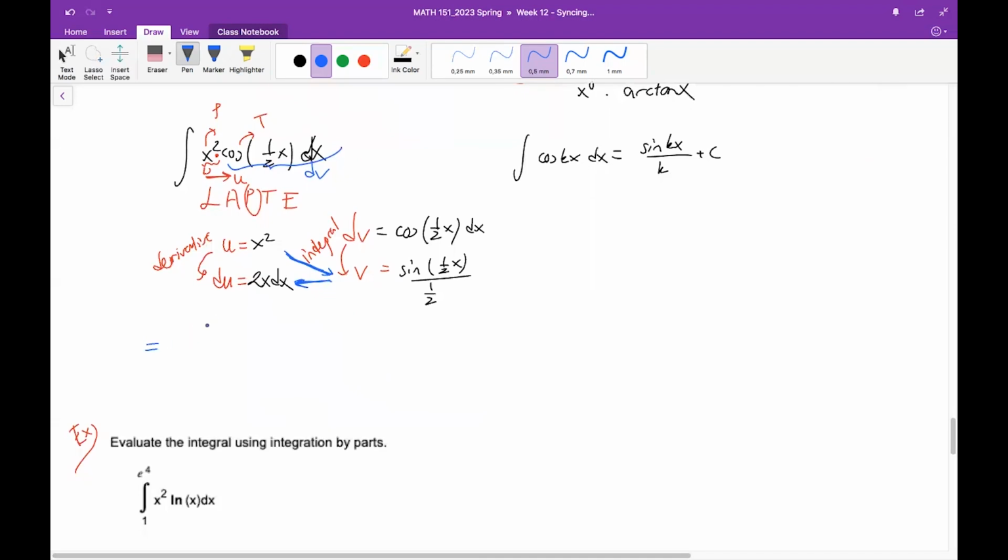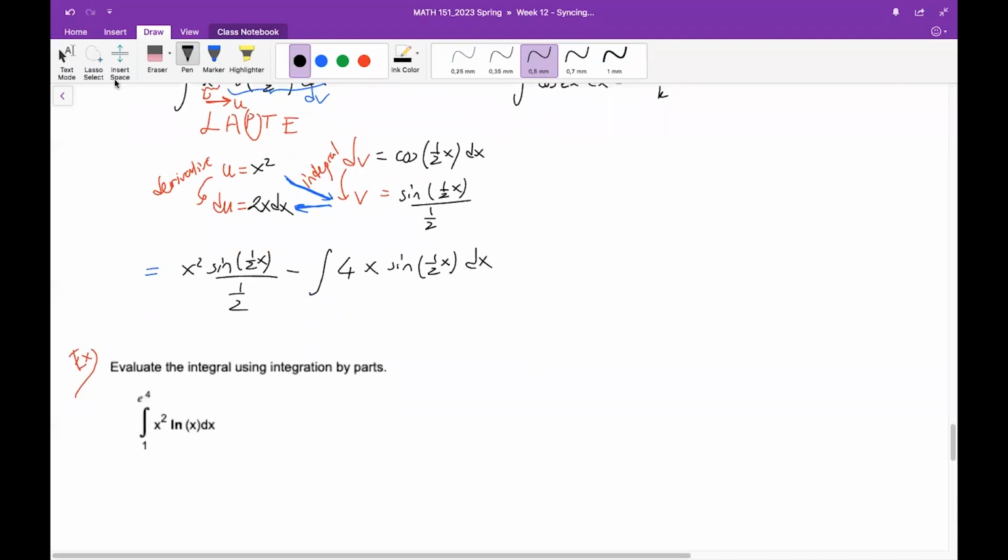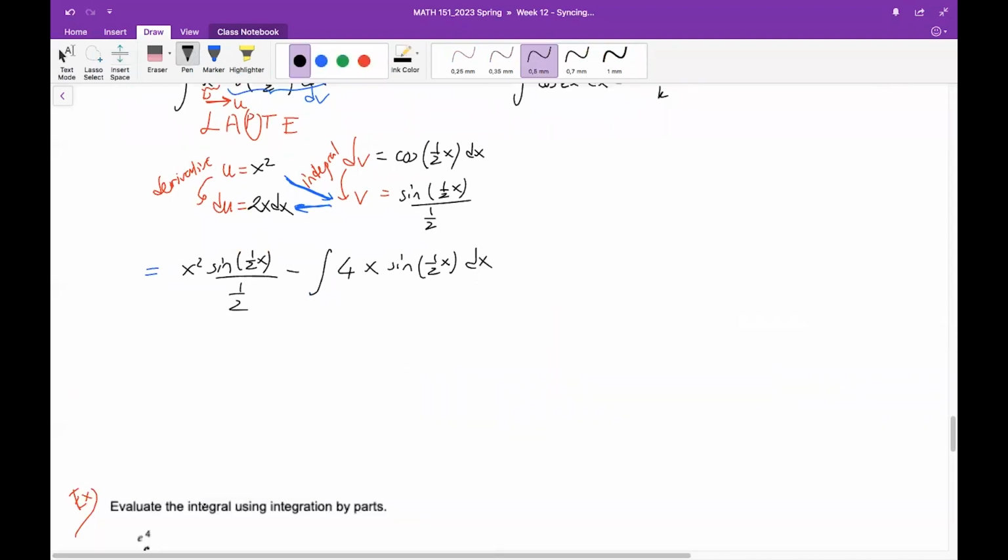This is how you apply integration by parts. u times v minus integral v times du, okay? So 1 over 1 over 2 is 2 as a coefficient here, so 2 times 2 is 4, x sine 1 over 2x dx. Okay, that's what we obtain after applying integration by parts once.